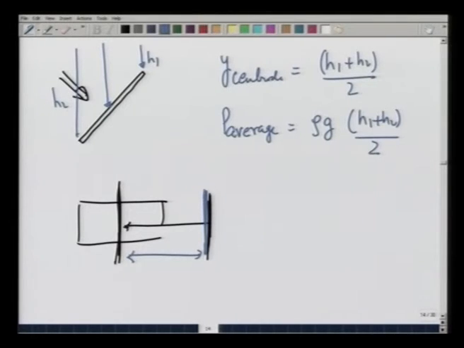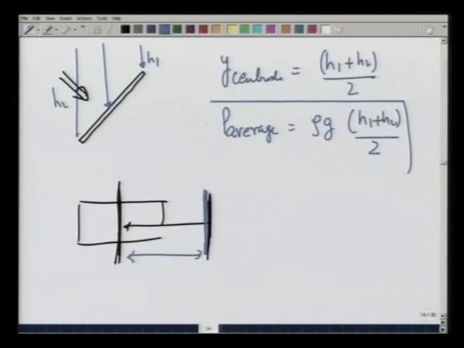This is, mind you, the centroid of the plate that we are talking about, the plate which is feeling the force. This is going to be different from another centroid that we are going to calculate now. So, this is the average pressure acting on the plate, which is given by the depth of the centroid of the plate.